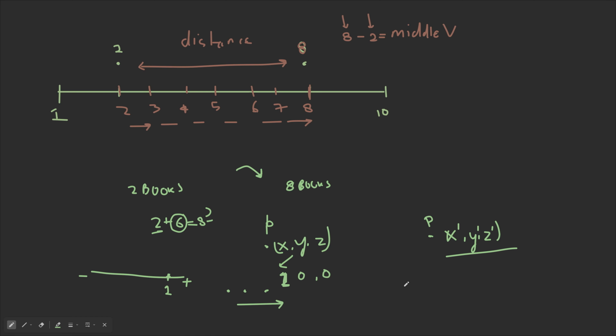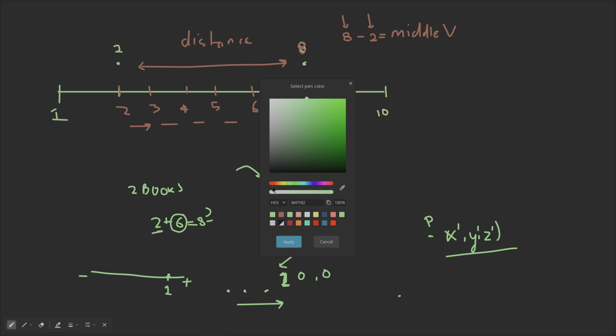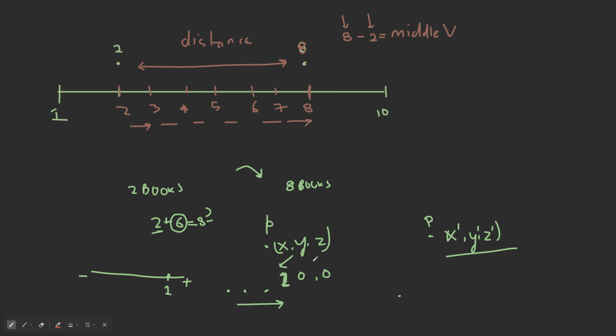So if I say I need this distance, but I need the direction also. If this point is here with the same value, you need to go from this to this, and we need direction.